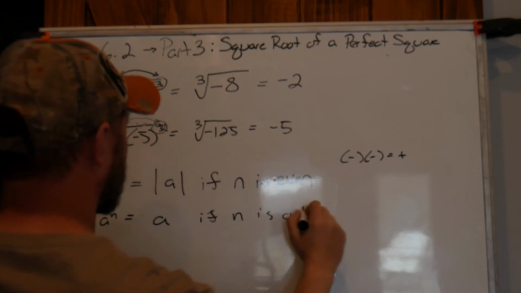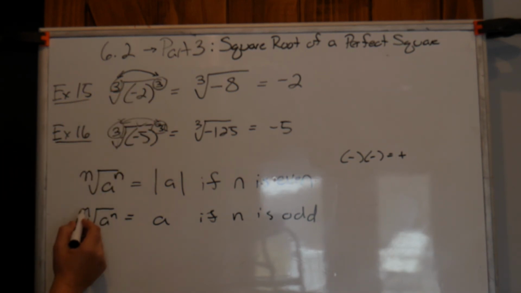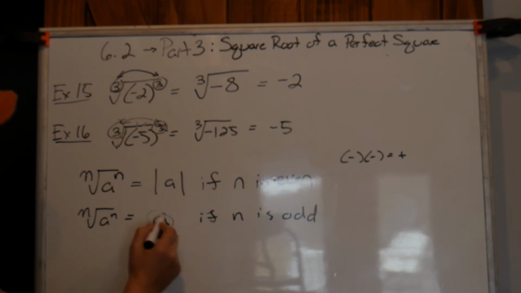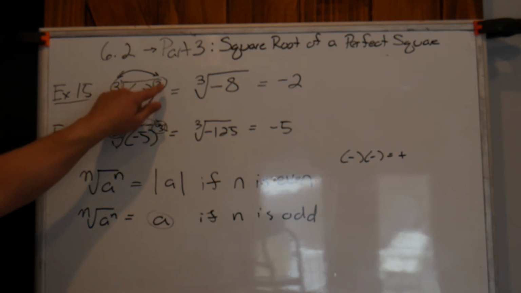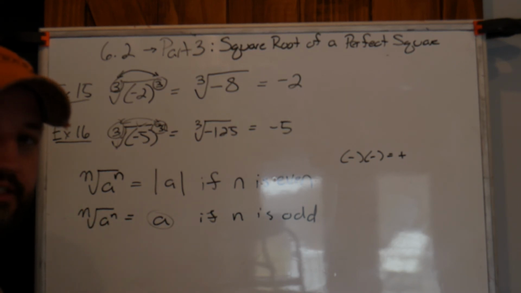However, if it's odd, like the case we had up here, if n is odd, then we just have a, because it cancels out, and it can leave us with a negative value. If n is odd, we know if a is positive or negative.